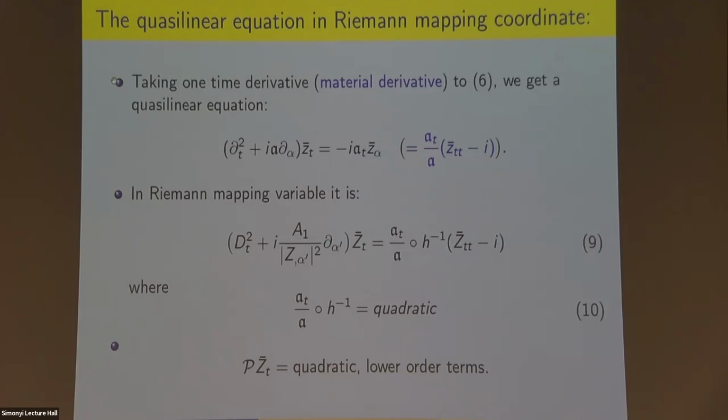So there's a relation involved, and you can find the formula for this. And this is quadratic, and this is lower order. So the typical water wave equation always looks like this: the water wave operator acting on it equals quadratic lower order terms.